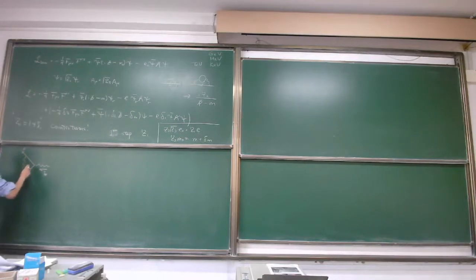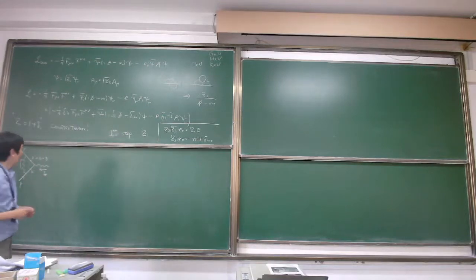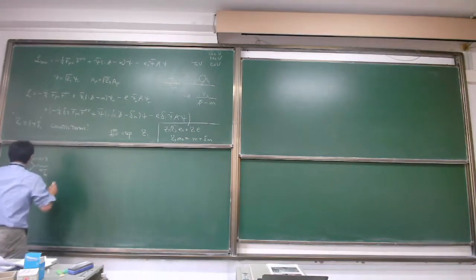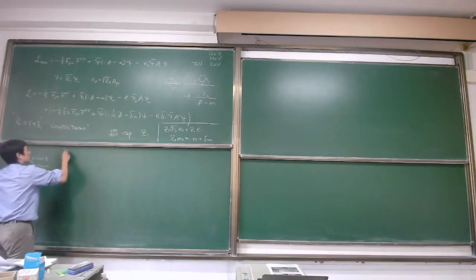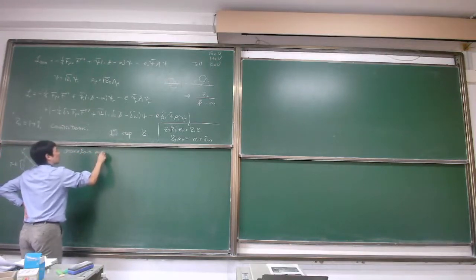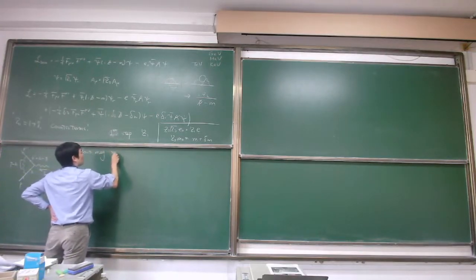This is the most important calculation, with k and k prime, which is k plus q. As you can easily see, p minus k is this one. We would like to evaluate this, and it is related to the anomalous magnetic moment. This vertex diagram is related to the anomalous magnetic moment.